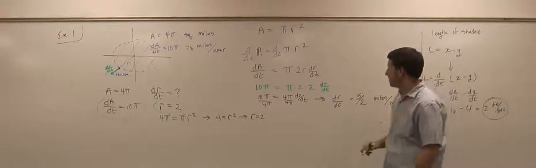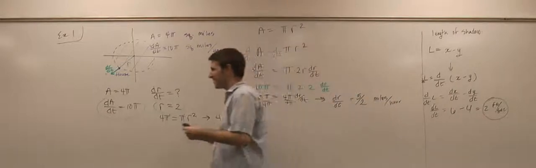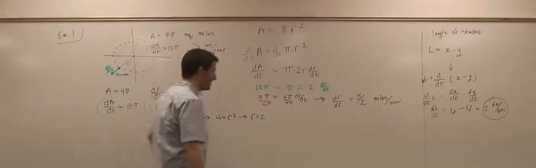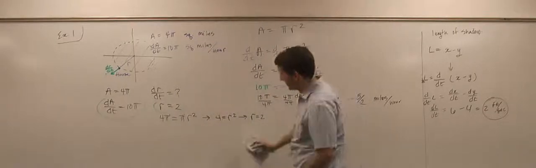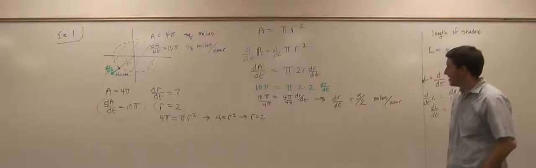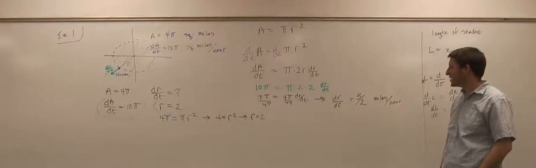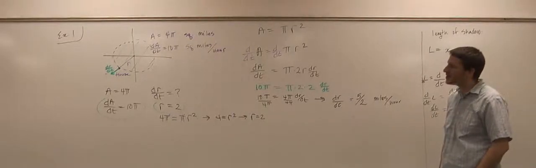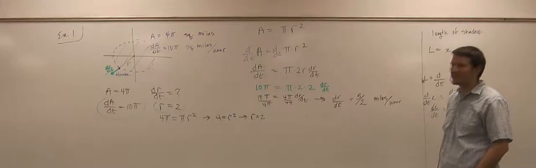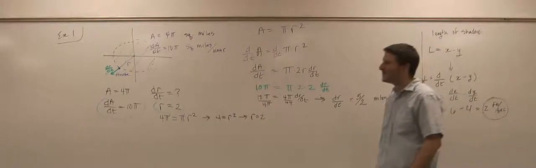So 2.5 miles an hour. That's not too bad, huh? I would probably say this threat is not too dangerous. I might stop and eat some nachos before I go, take my time.